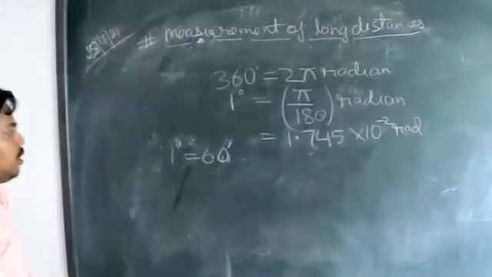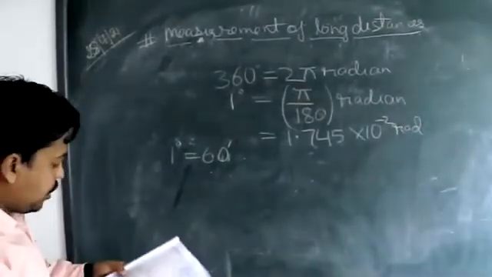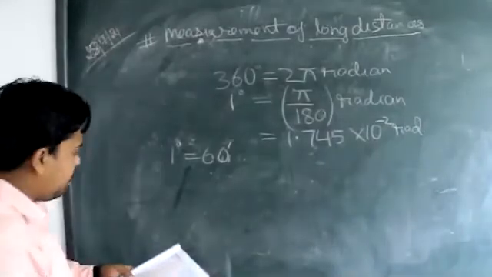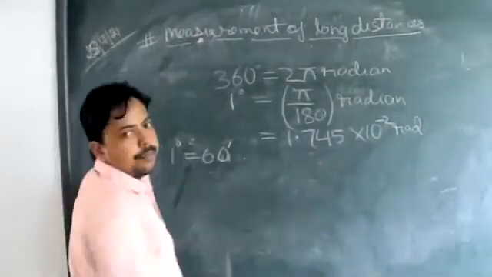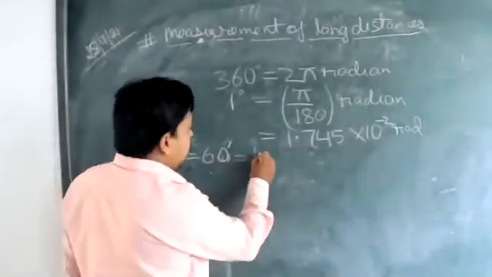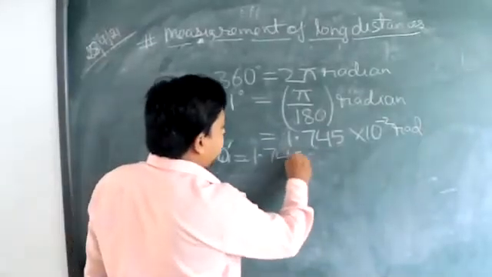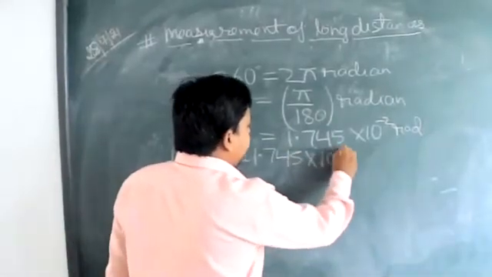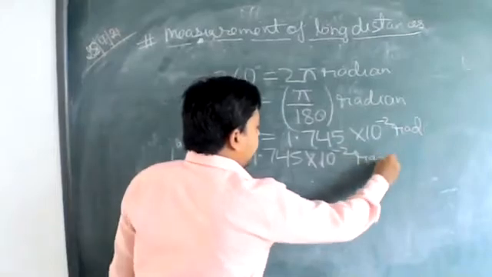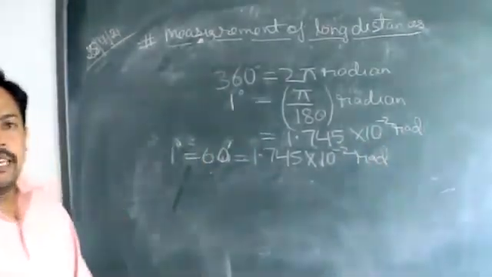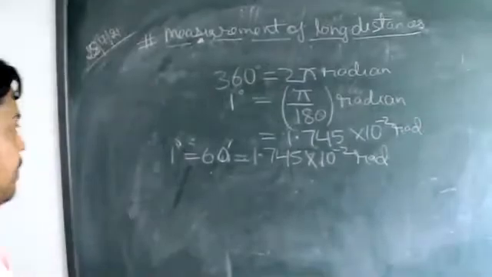Is it okay? So 60 minutes will be equal to how much? 60 minutes is equal to 1.745 into 10 to the power minus 2 radian. Okay? Now let's talk about seconds.